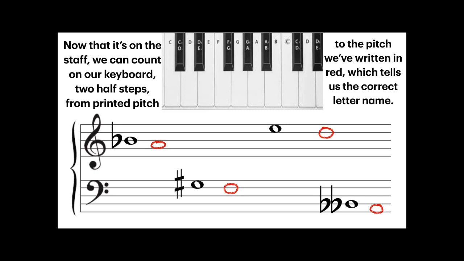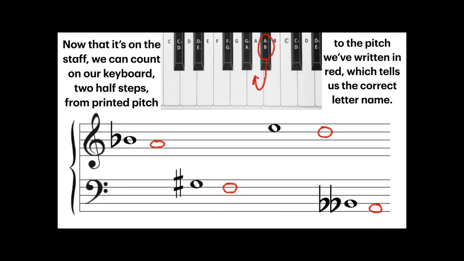Starting on a B flat, going down a diatonic whole step, we know we're going to arrive on some kind of A. 2 half steps down, A flat.